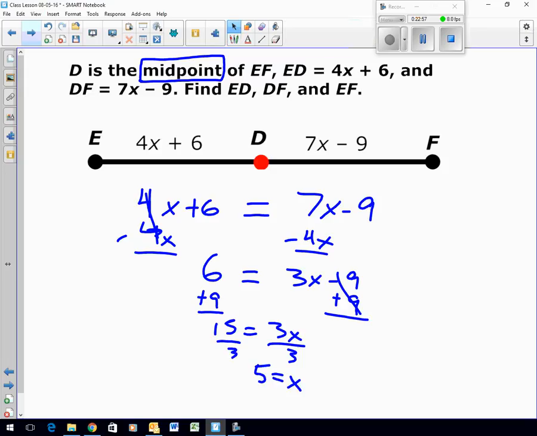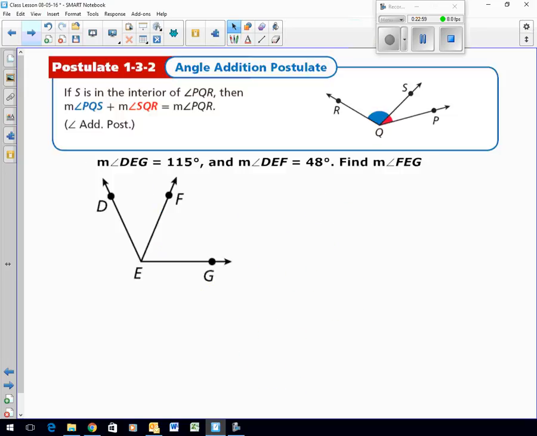I gotta keep my promises, so we've got 2 minutes left. All right. Ooh, angles. Yeah. Same way that we just did line segments. Okay? Your angle addition postulate. Check it out. Is Q to S a ray? Q to P a ray? Q to R a ray?